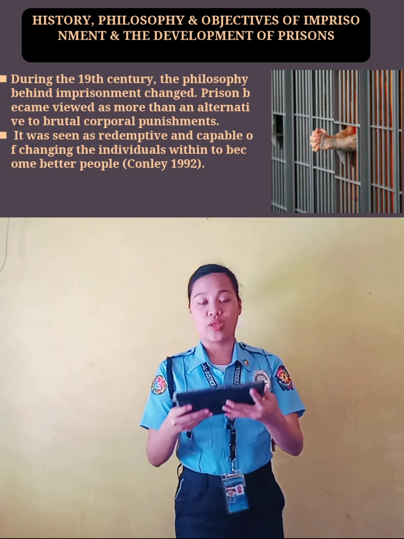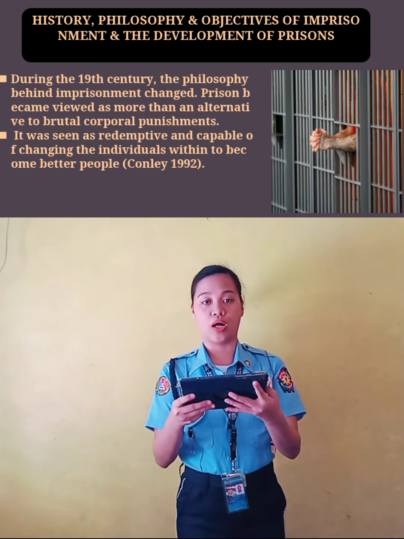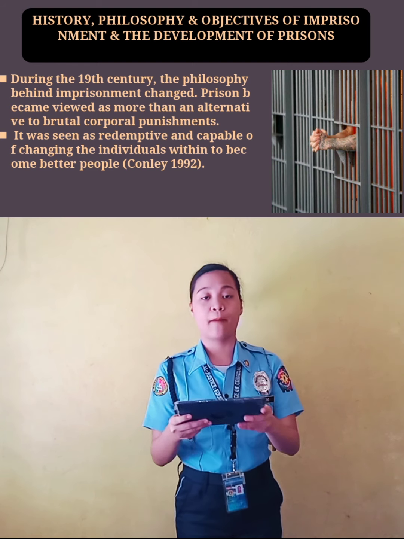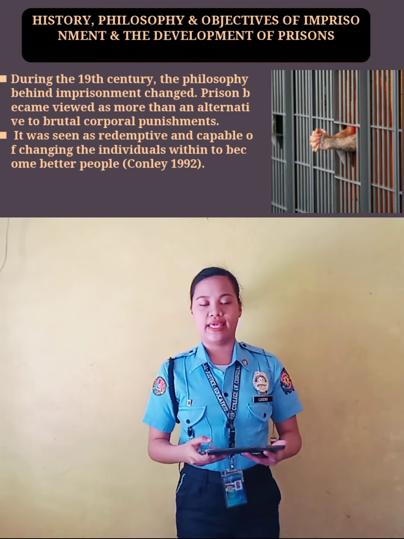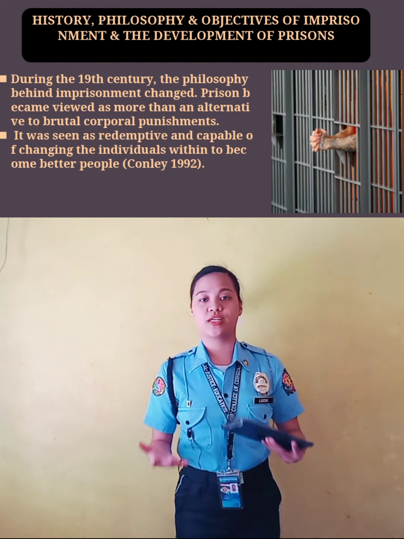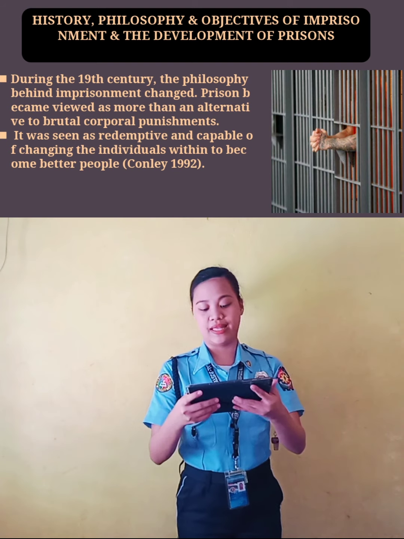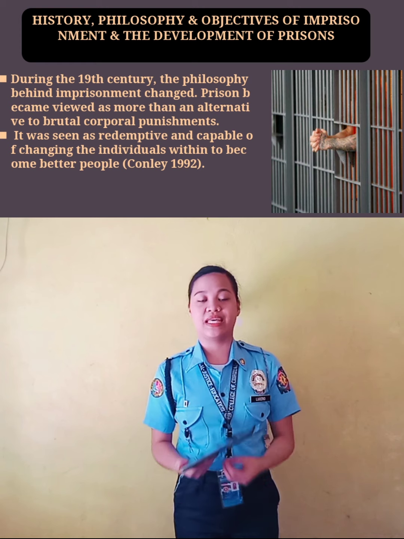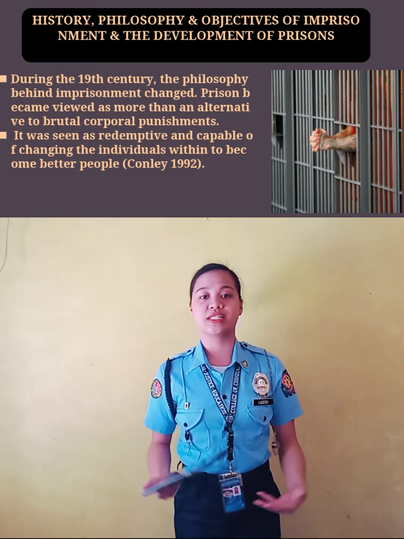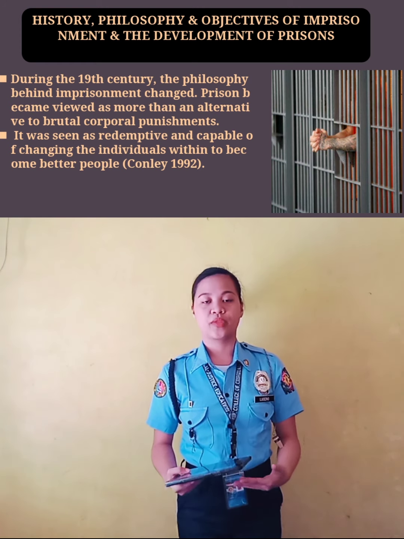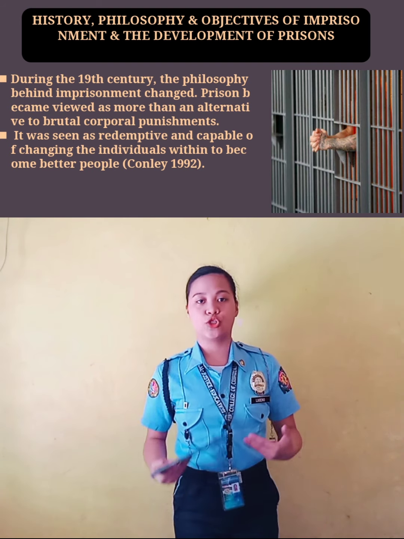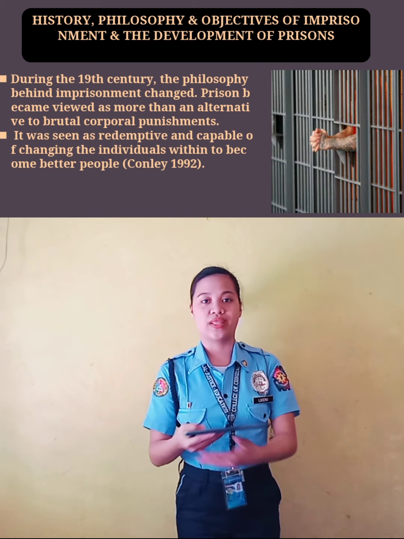It was seen as redemptive and capable of changing the individual within to become a better person. So during the 19th century, there was a change in the development of imprisonment all over the world, from a brutal method into a redemptive one.